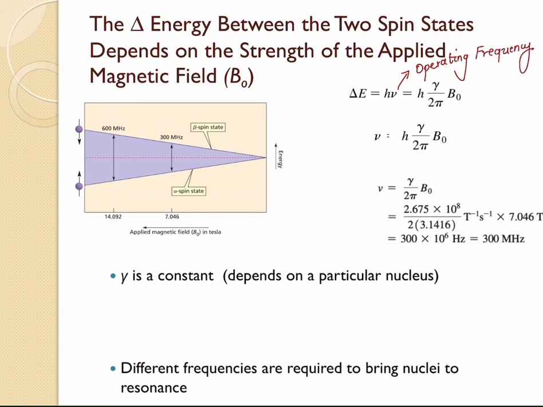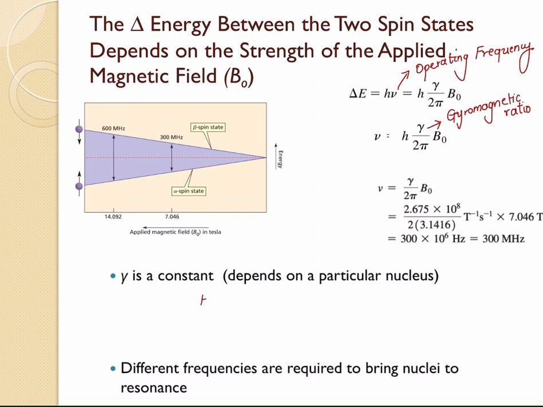And this operating frequency is directly proportional to B0, which is the applied magnetic field, where h right here represents Planck's constant and gamma right here represents the gyromagnetic ratio of the nucleus. The gyromagnetic ratio is a constant and it depends on a particular nucleus.